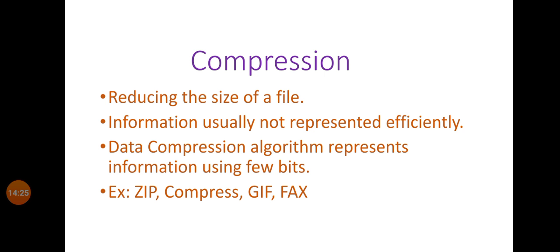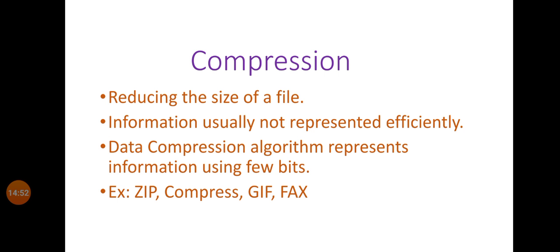Data compression means reducing the size of a file. So why do we need data compression? Because sometimes if you want to send a large file, it takes more time. So if you compress it, then within a short time you can send it, and you can send it to many people. So that is data compression.